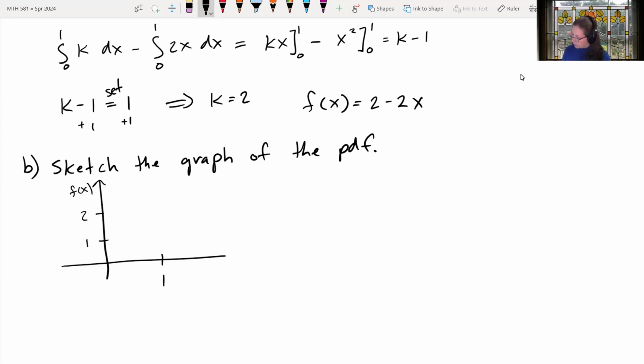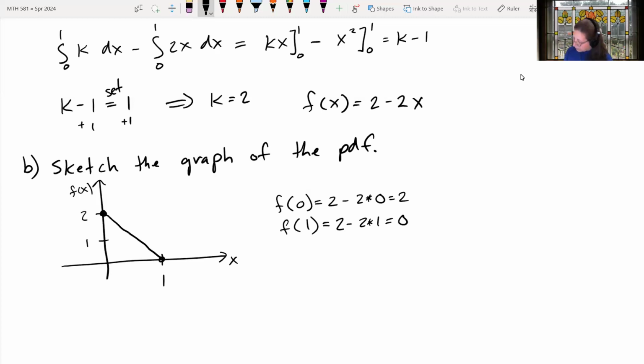There's my function. There's my x. If I were to plug in f of 0, I would get 2. It's a straight line. So at 1, I have 0, so I have a little triangle. So it looks like that.